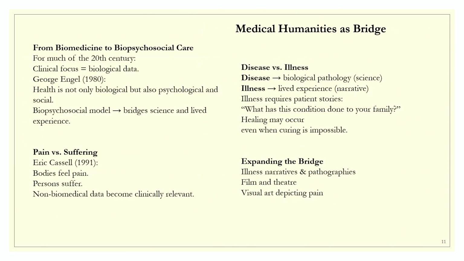So, in 1980, when George Engel challenged the operations of clinical medicine within a narrow biomedical frame, he proposed the biopsychosocial framework. Now, this framework insisted that clinical medicine is not only biological but also psychological and social.